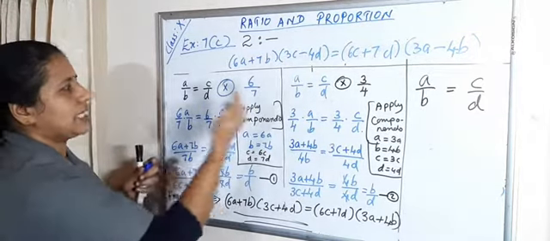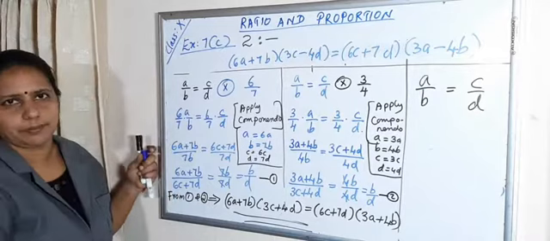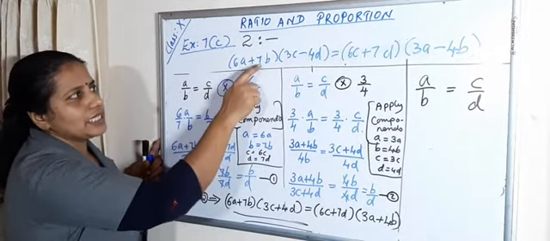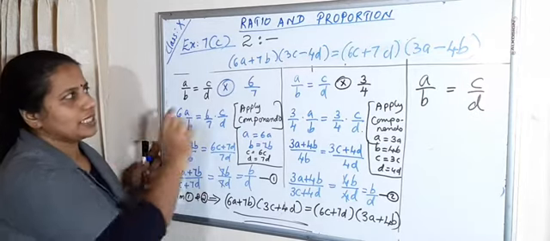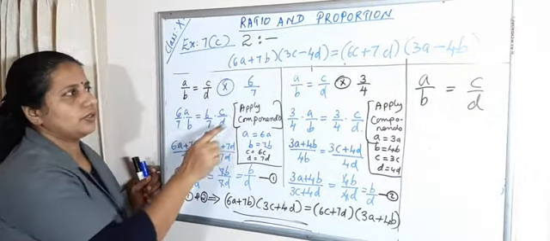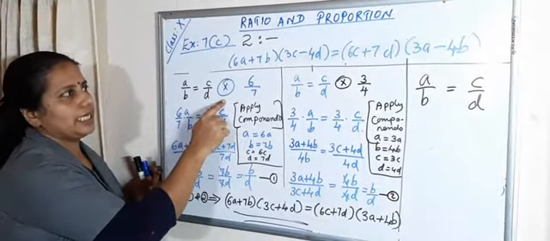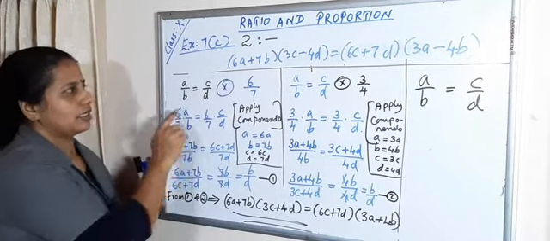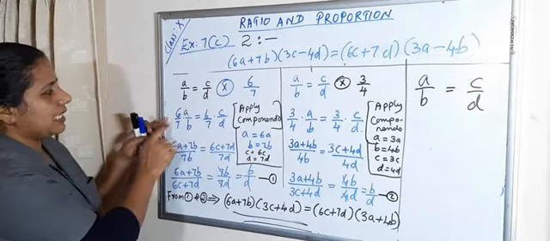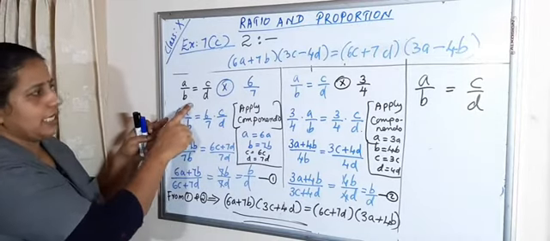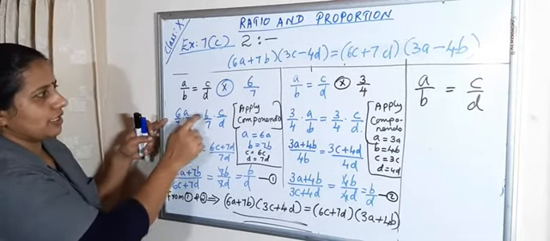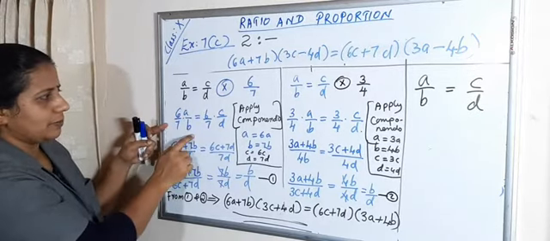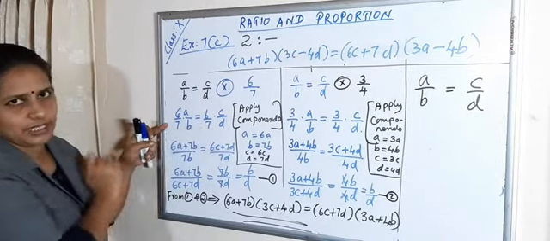So, I am taking that A by B equal to C by D. Then I need 6A and 7B. So, I am multiplying it by 6 by 7 because 6A is there, 7B is there. So, 6 by 7 into A by B equal to 6 by 7 into C by D. That is equal to 6A by 7B equal to 6C by 7D.